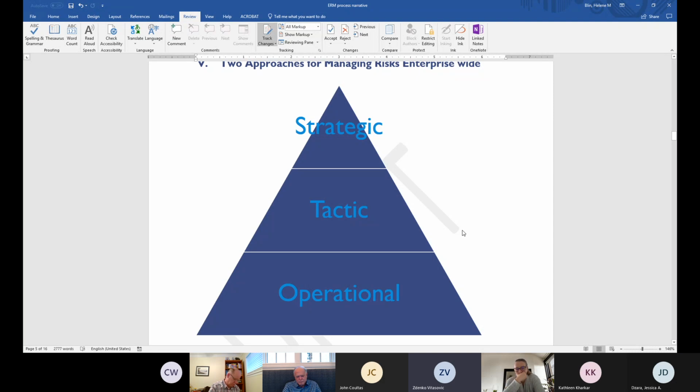So I'm wondering whether there's a danger in using two different ways to define operational, tactical, and strategic. Is there a way to reconcile them?